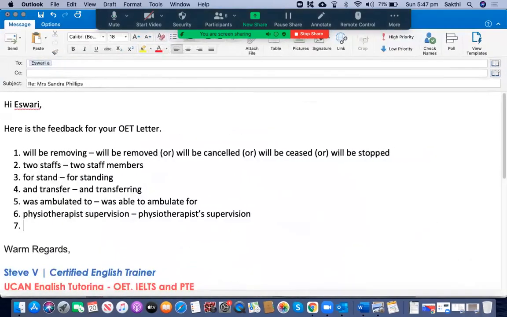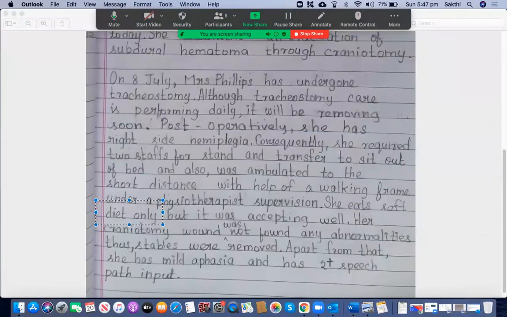Soft diet means light diet. The whole sentence could have been rewritten like, she's comfortable with her light diet. Comfortable means she's all right, she's okay with the diet.